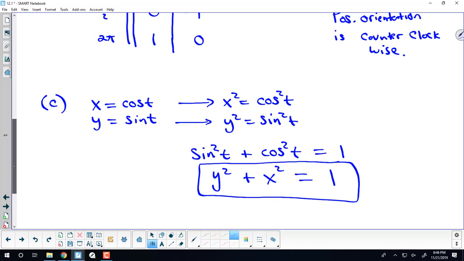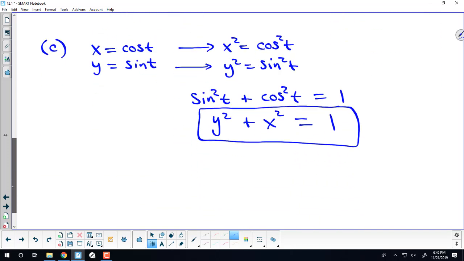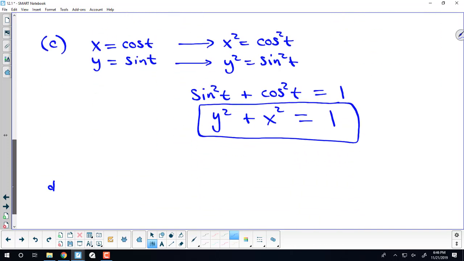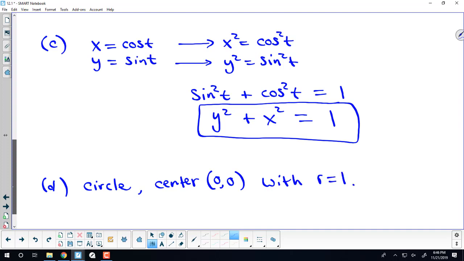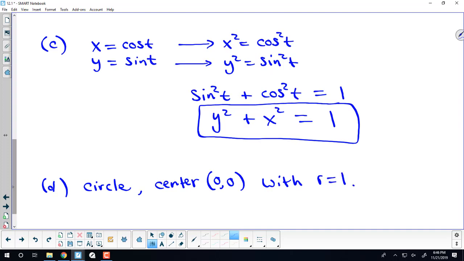So that's our description in part D, or describing the curve in part D. Circle, center 0, 0, with a radius of 1. And I guess we could go a little bit further.